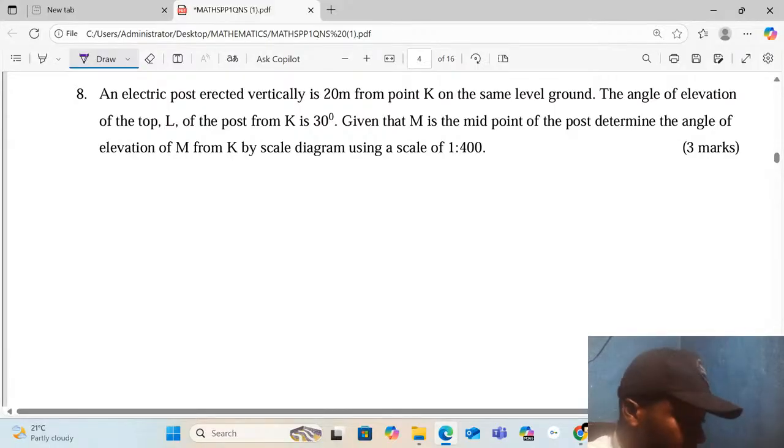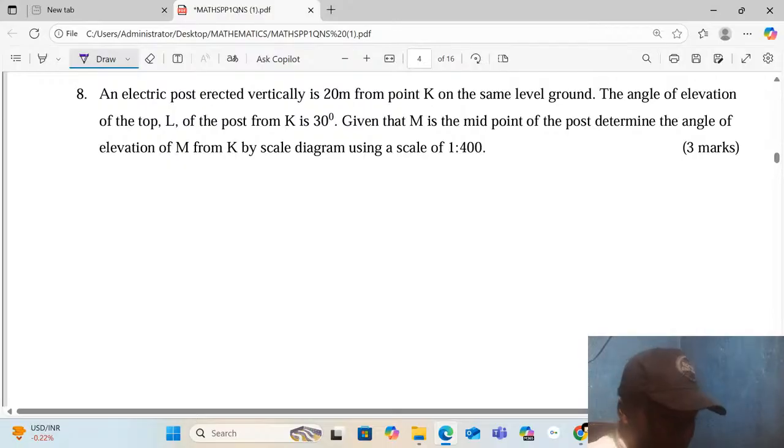So we can now look at question number 8. This question requires us to find the angle of elevation of M by scale drawing. That means we are going to do some little construction.